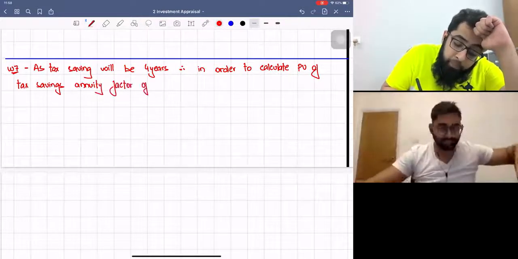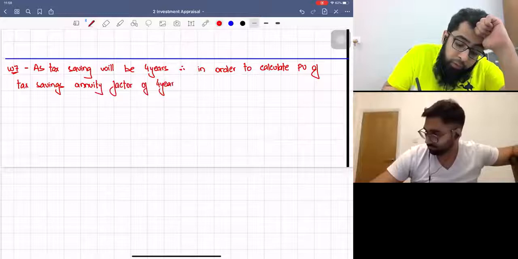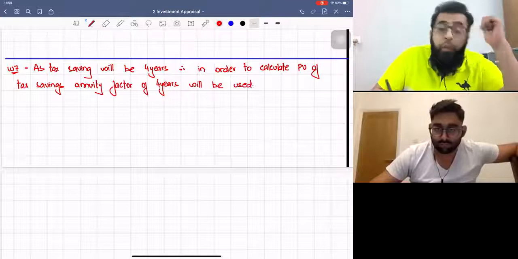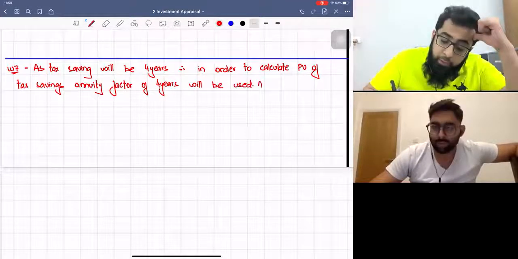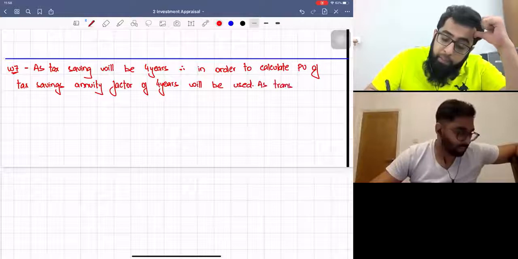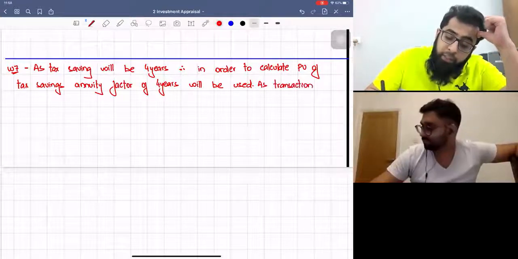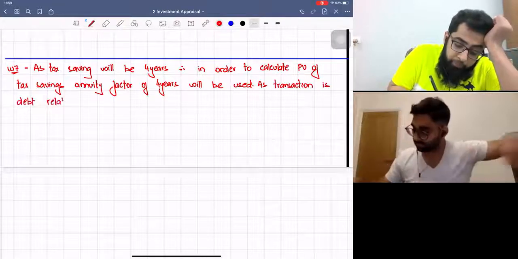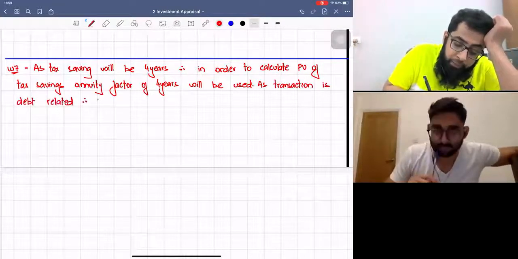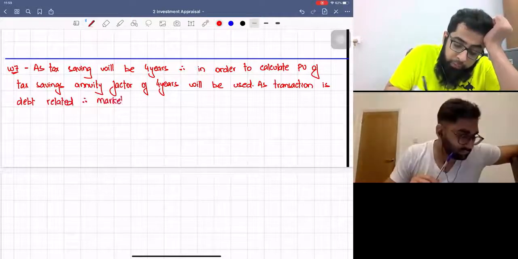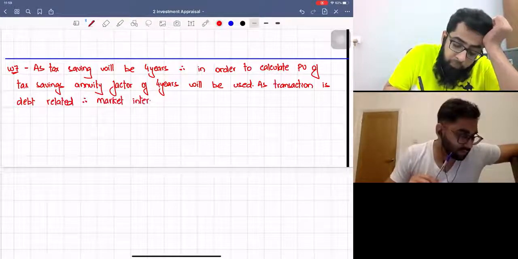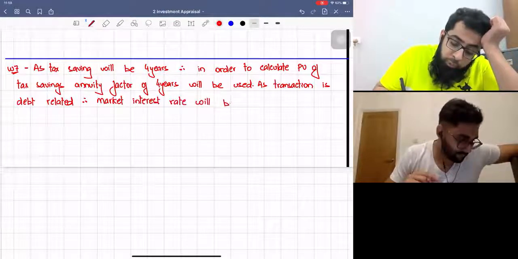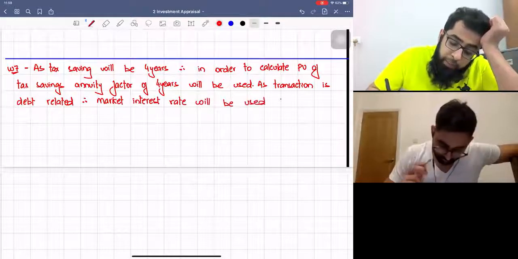As the transaction is debt related, the market interest rate of 4% will be used for discounting.